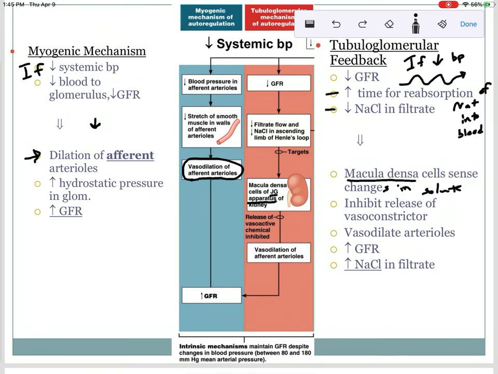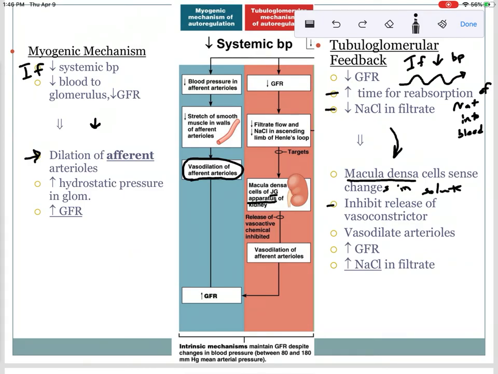So the macula densa, they're perfectly positioned to sense for changes in solute concentration. In that way, I suppose they're similar to chemoreceptors. And in this scenario, because of what happened, lower blood pressure, too much time for reabsorption of sodium back into the blood, there's less sodium in the filtrate. So these macula densa cells, they notice, wait a minute, there's not enough sodium in the filtrate. So how are we going to fix that? The macula densa are going to inhibit a vasoconstrictor.